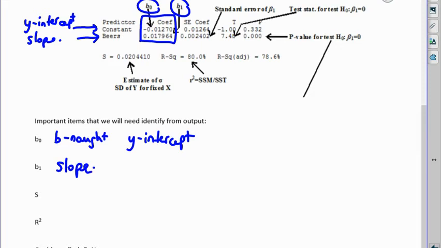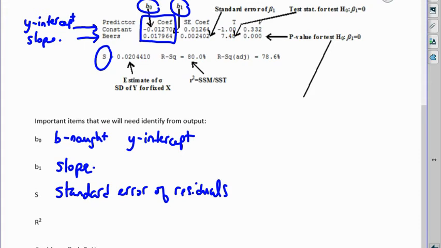Okay, the letter S right here is our standard error of the residuals. That measures how far off on average you tend to be, and the units will be the same as y.